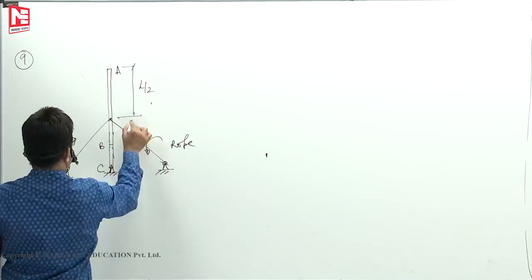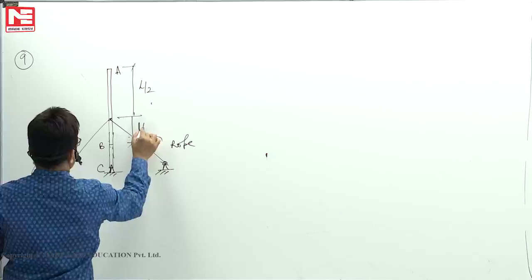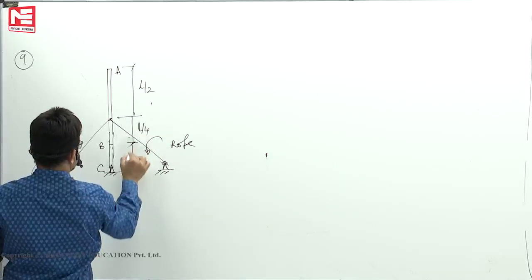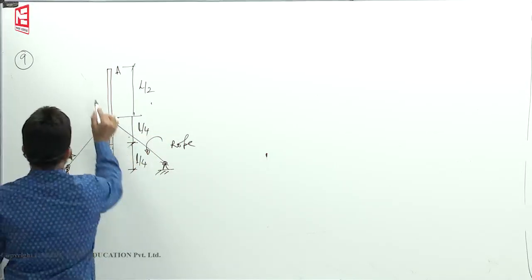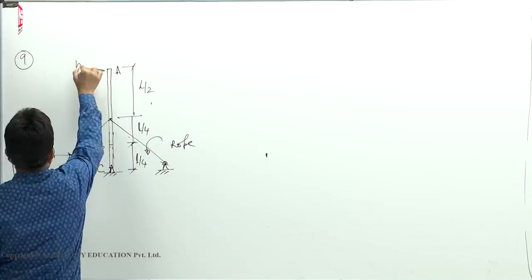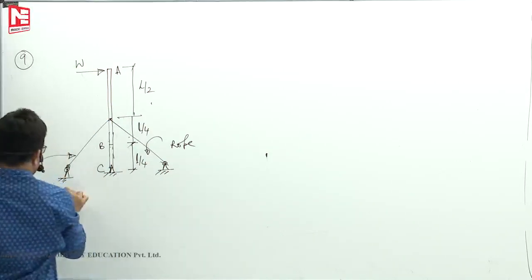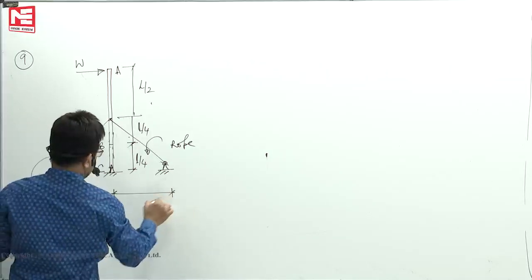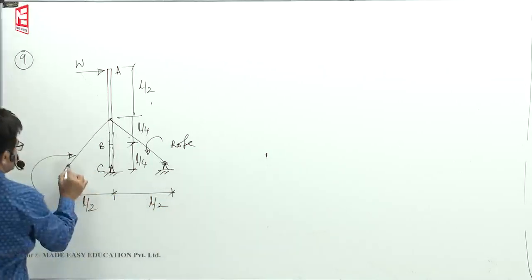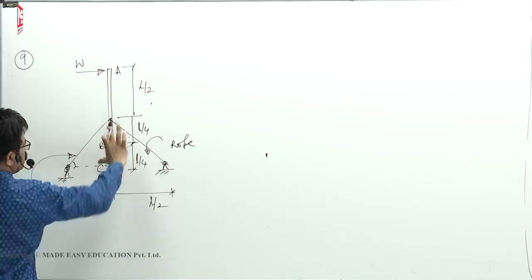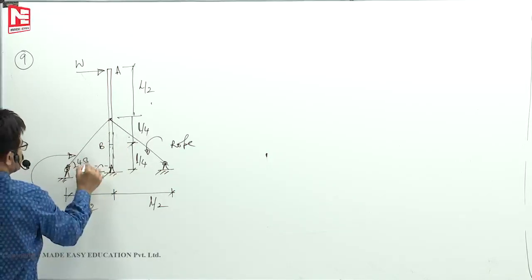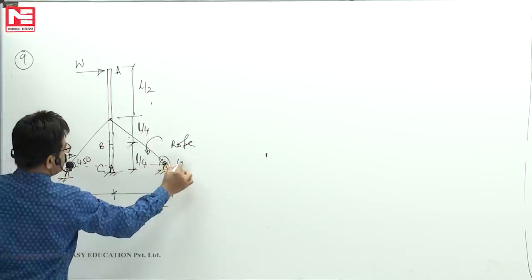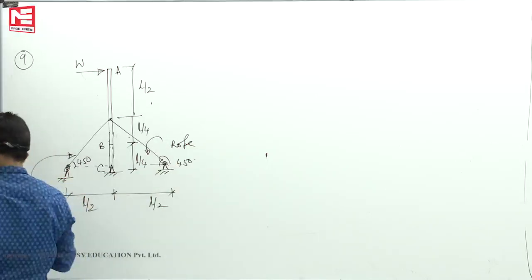L by 2. From here to here it is L by 4. Here to here it is L by 4. You are applying a force W. From here to here this length is L by 2. L by 2. That means what? Angle of inclination, L by 2 means 45 degrees. Here also the rope angle of inclination is 45 degrees.